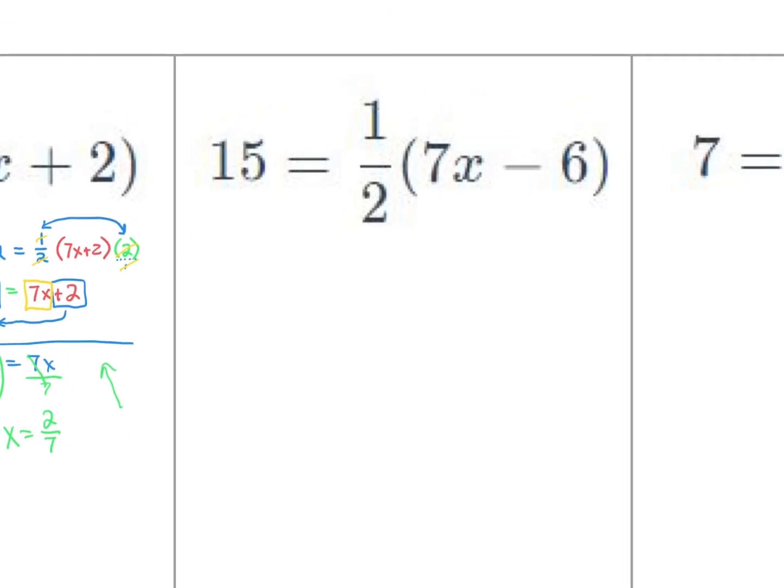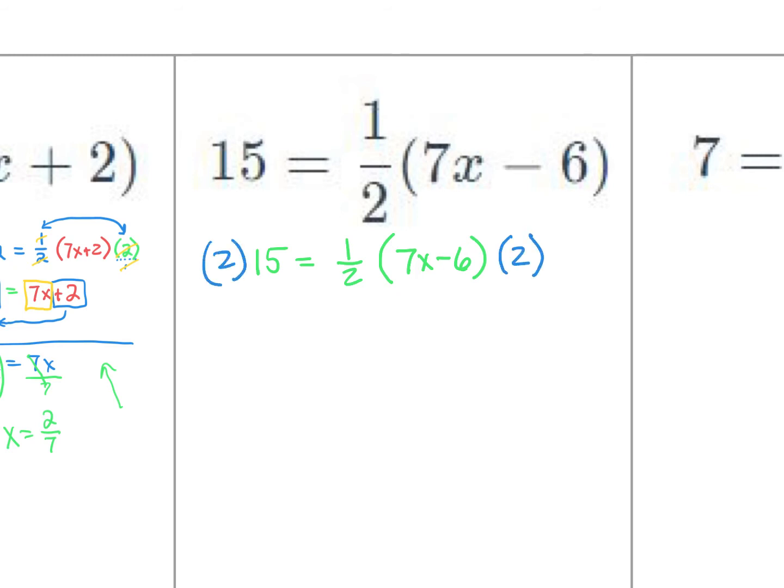Let's do it the fast way again. So I have 15 equals 1/2 times (7x minus 6). And I'm also going to multiply both sides by 2 again.